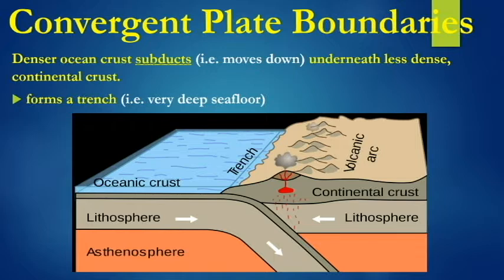And as that happens, the process called subduction, you get a deep location in the earth. That's called a trench. It's very deep ocean floor. You can also see other things that happen at a convergent plate boundary. Typically, you get magma forming. You get volcanoes. There's a line of volcanoes that are formed. We'll talk about that in another lesson.